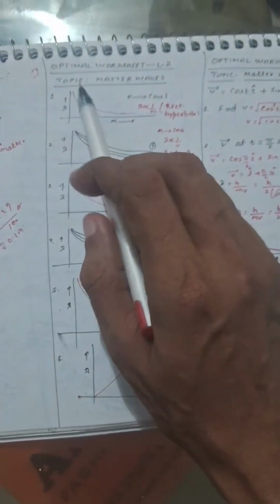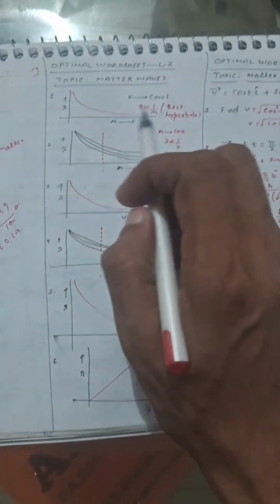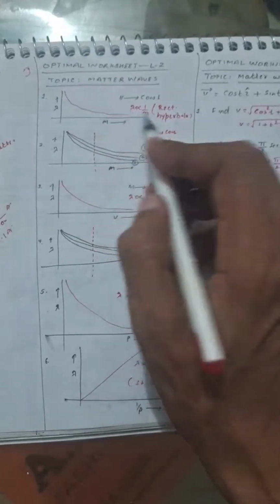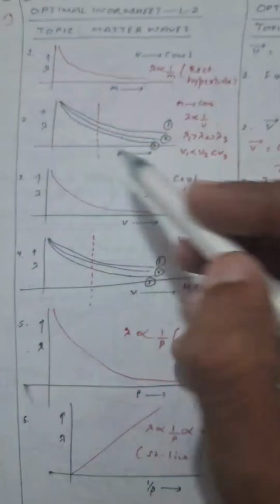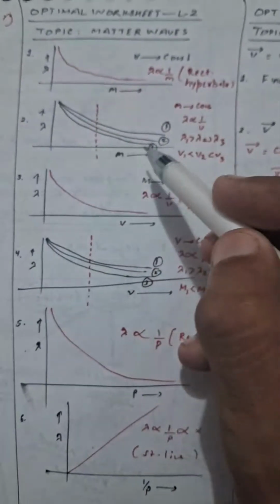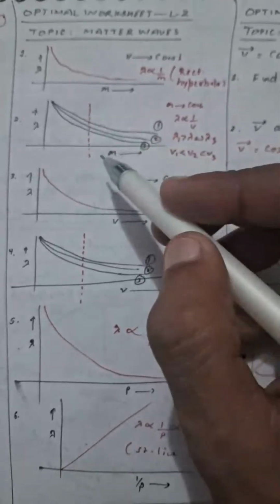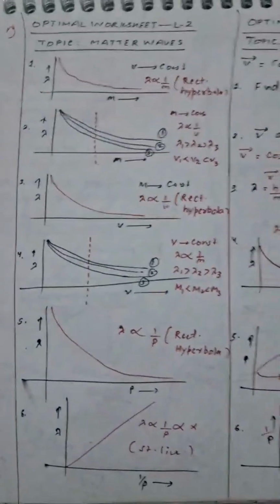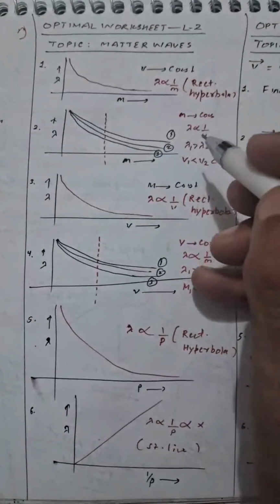Next is some graphical analysis. If you draw the graph between lambda and mass, keeping the speed constant, it will vary inversely. So the graph is going to be a rectangular hyperbola. Then we have three different cases. If the graphs are like this, then for a given mass, we can say that lambda is proportional to 1 by v.